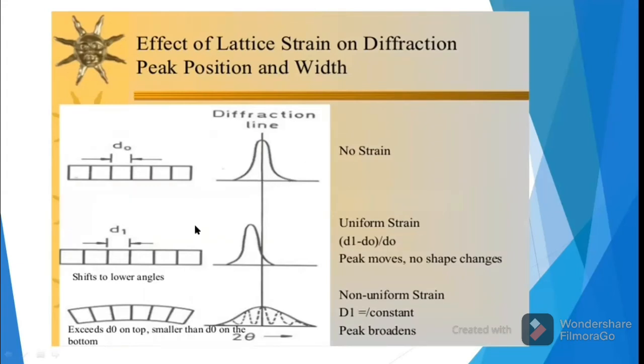There is no strain. If there is a strain, you can see the values of this d are a little bit broadened. This shift is a uniform strain, and after getting the uniform strain, the peak is uniformly shifted towards the left side, towards the lower angle.